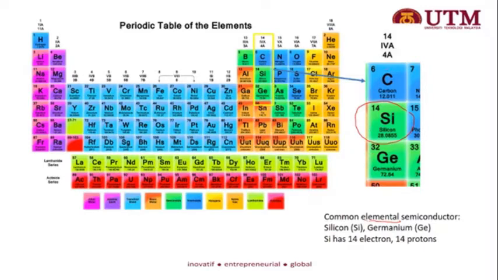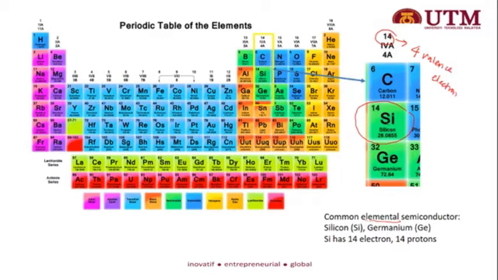Okay, so we see the silicon and germanium belong to group 14. They belong to the same group. Group 14 means that it has 4 valence electrons. I will briefly explain it later.